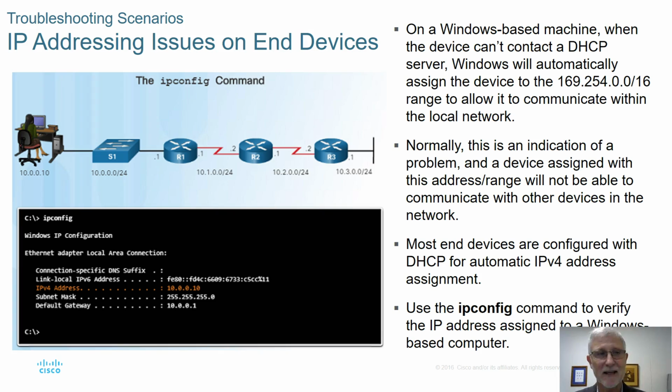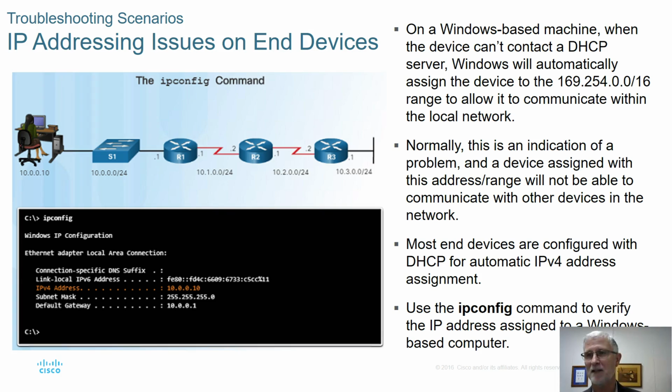Now, definitely IP addresses on end devices. You're going to use your ipconfig. You're going to make sure that I know what the IP address is for my device. If you get an IP address that starts 169.254, that means you do not have an IP address on the local network. So basically, it won't work to anybody.